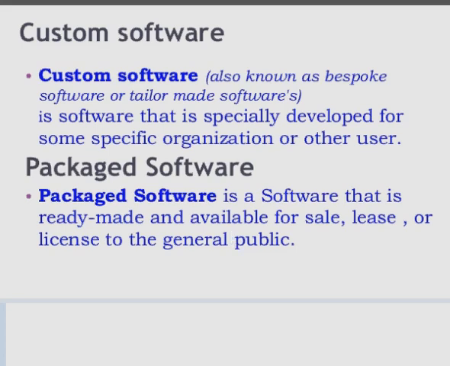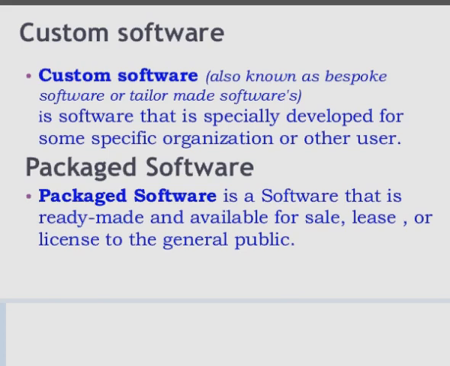Now the next term is custom software. What is the meaning of custom software? Custom software is also known as bespoke software or tailor-made software. You can take the example that a tailor is making a dress according to the size provided.